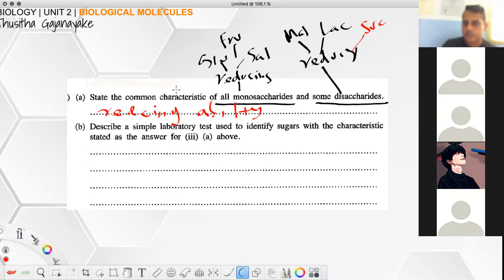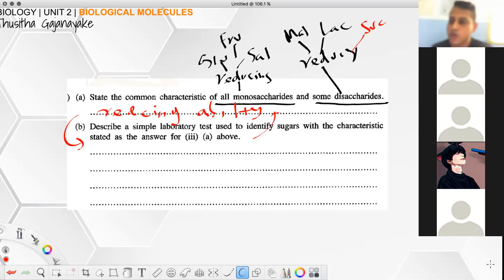They can reduce. Even this answer is further strengthened by the second part. Describe a simple lab test used to identify sugars with the characteristic stated as the answer for question 2.